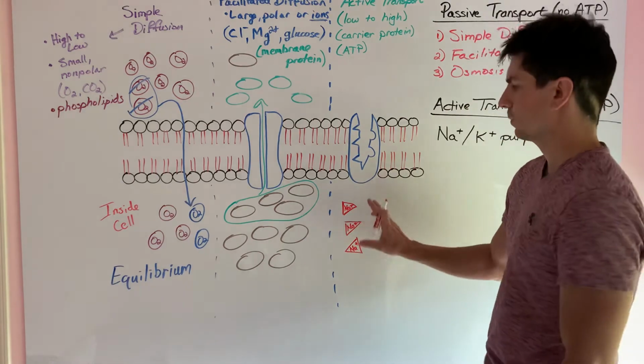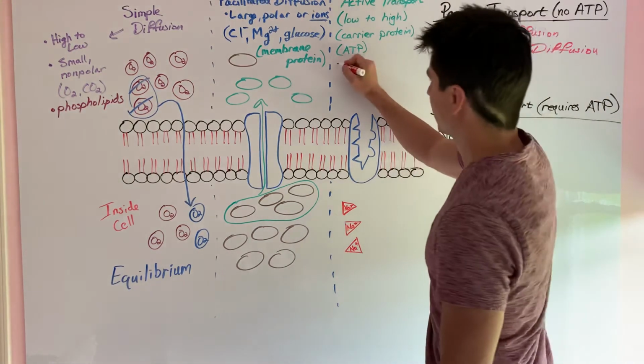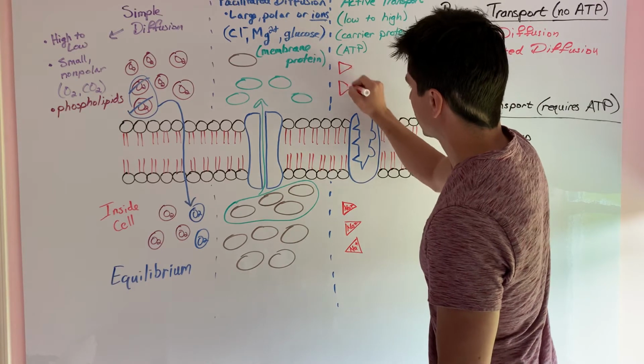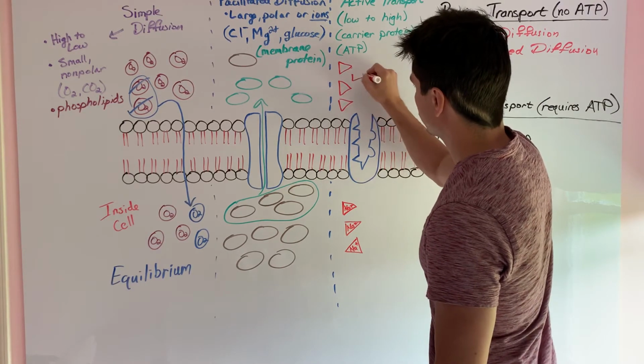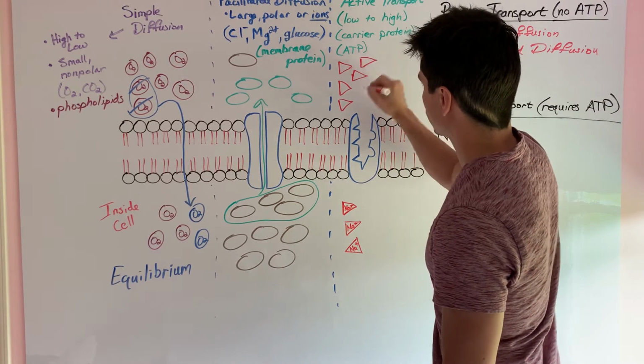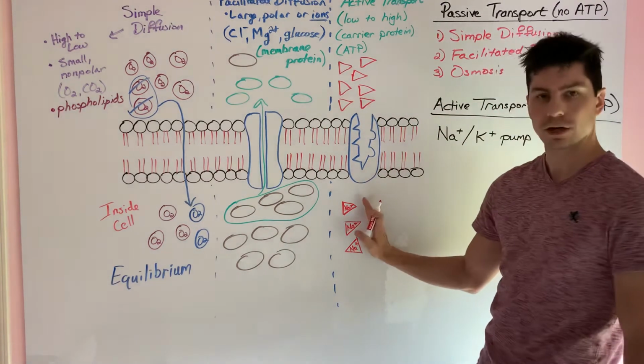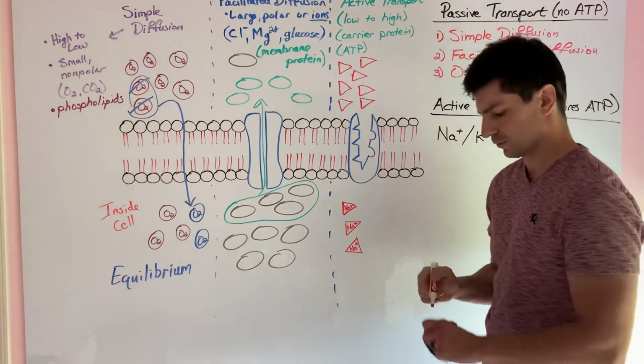Okay, so the little triangle guys are sodium. I'm not going to label them all up here. I'm just going to make them into little triangles for us. And we're going to have a good bit of sodium outside of the cell. So you can see this is low concentration, this is high concentration for our sodium.